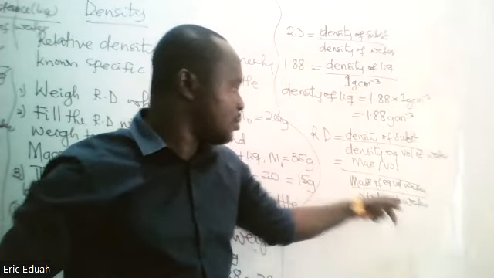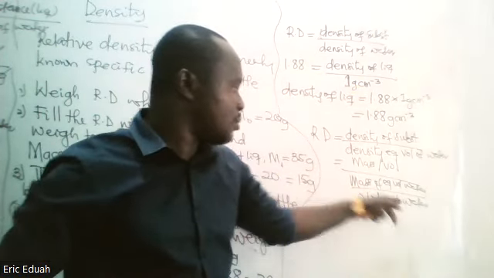Okay, but because we are choosing equal volume, we use the relative density bottle. And don't forget, we fill the bottle with the substance. When we finish, we pour the substance out, clean it, and then pour in the water. So we are using the same volume of the relative density bottle. So volume of substance cancels out with the volume of water because we are using the same volume.